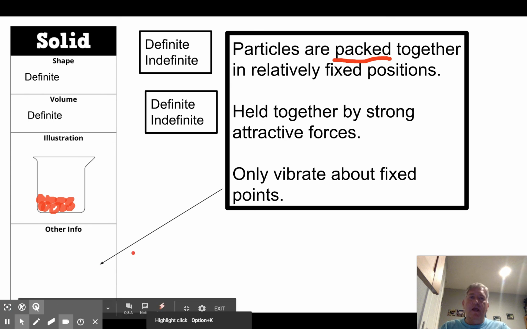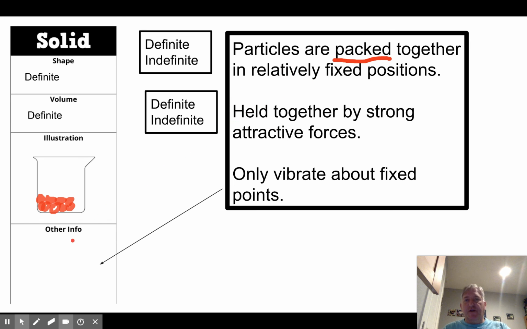The other information, the particles are packed together in relatively fixed positions, held together by strong attractive forces, and they only vibrate at fixed points, would go here. If you need to pause the video right here, feel free to do so. Otherwise, we can move right on.